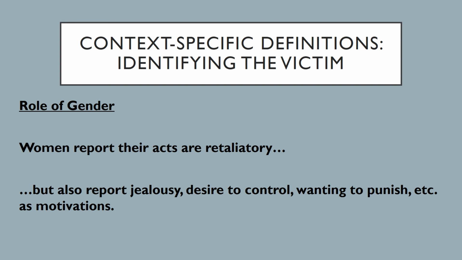But in a lot of those same studies, you'll have women or other victims who report that, deep down inside, even though they say they acted out of self-defense or retaliation, there were seeds of jealousy, the desire to control the relationship, wanting deep down to punish their partner as their motivations, right?